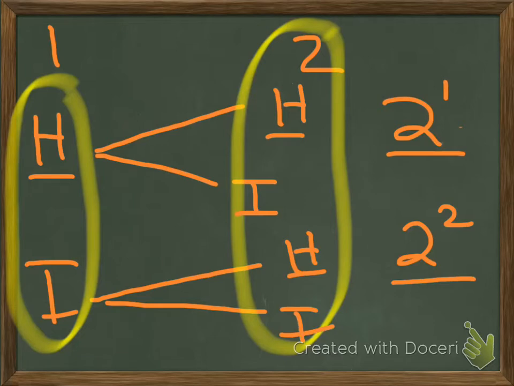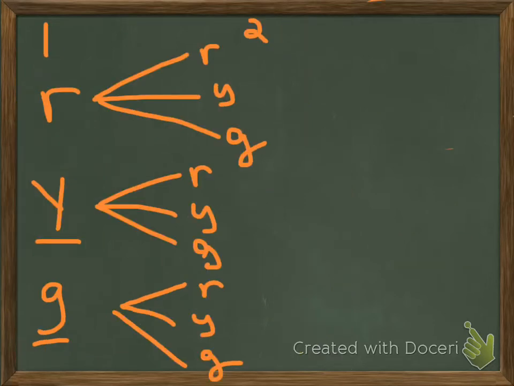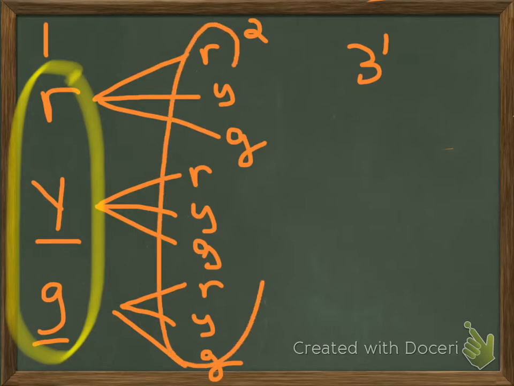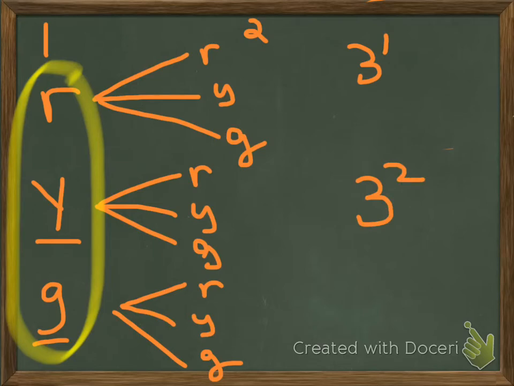So let's move over here. When we have 3 possibles at the beginning, we're going to have 3 to the 1 power when we spin the spinner one time. But we'll have 3 to the 2nd power when we spin it a second time. So the exponent is going to be like the rolling or the spinning.